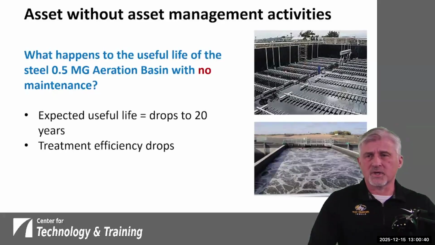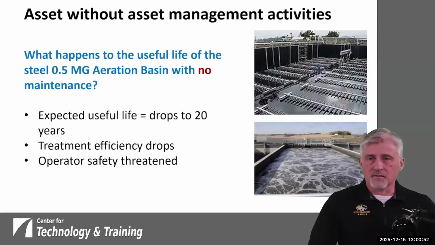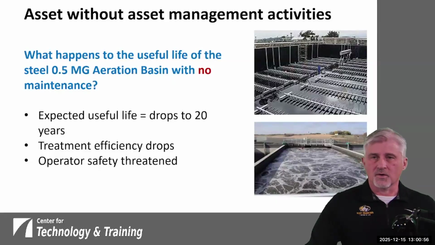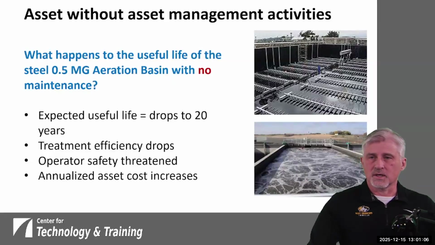The other thing that we're going to see is because we're not doing routine maintenance on it, our treatment efficiency is not going to work as well because we're not doing things just to keep it up. We're just going to let it fail. And then there's a potential that things aren't as safe because we're not doing the maintenance. We don't see the things that could cause safety issues for our operators.